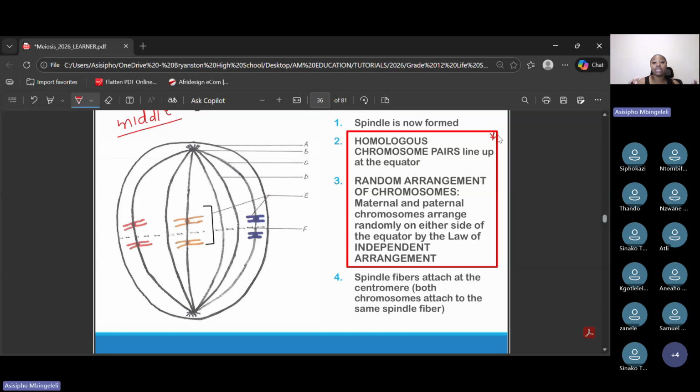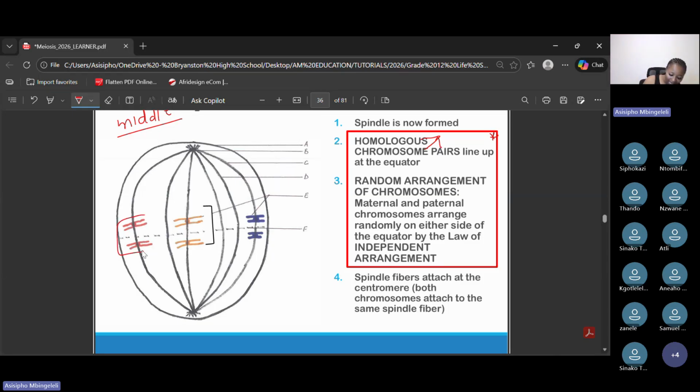Then they ask you, give a reason why you are saying that is metaphase 1. This is because the homologous chromosome pairs line up at the equator. You are able to see it. Remember that marriage, homologous chromosome pairs line up at the equator, or the chromosomes are in pairs. This is a pair that is lining up.